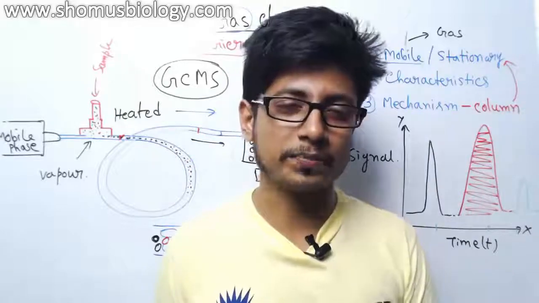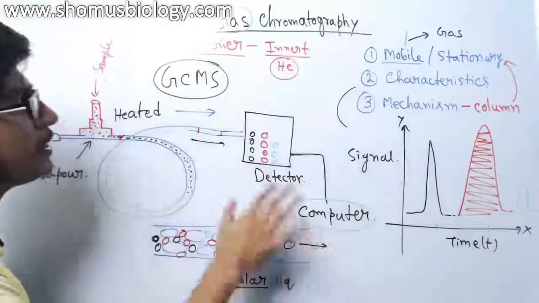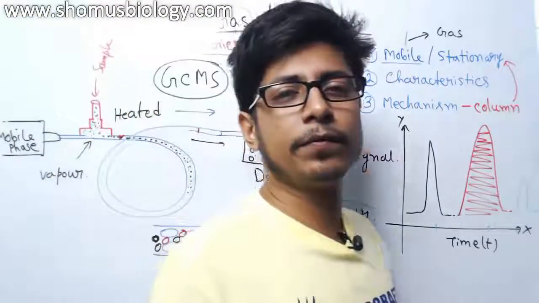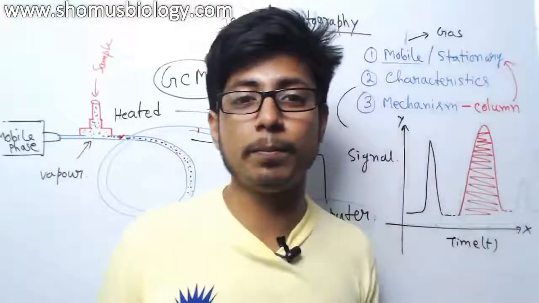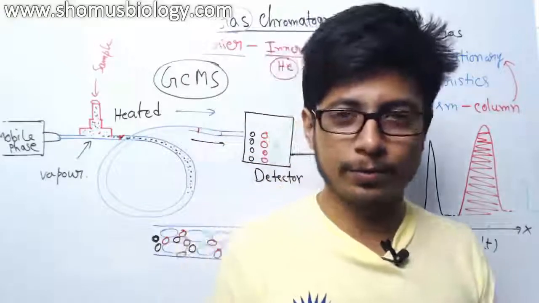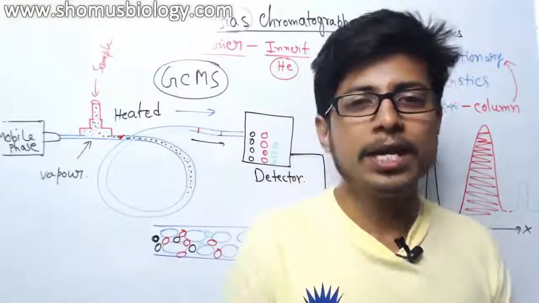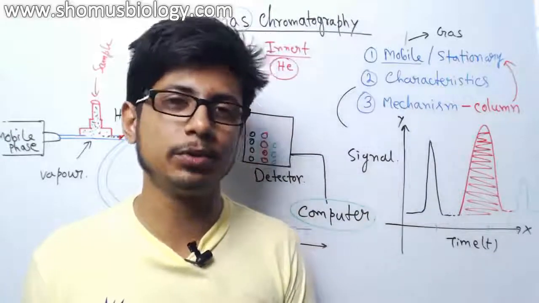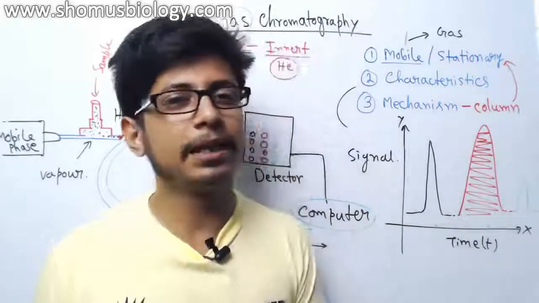description to watch. Now the disadvantage of gas chromatography is that for using gas chromatography, you can only use those compounds which are volatile, which can be converted into vapor. Any compound of your interest should be volatile to use it in gas chromatography. That is the only disadvantage.